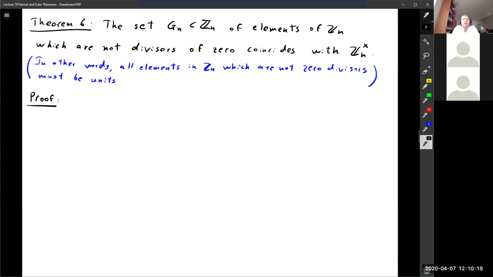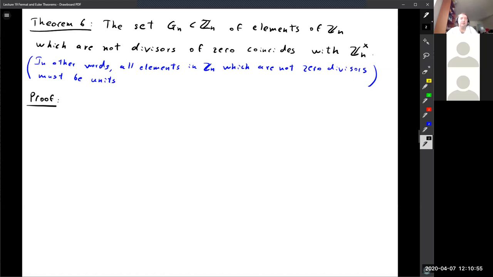We will look at the different powers of an element in G_n, and we will observe that every element there must have a multiplicative inverse.